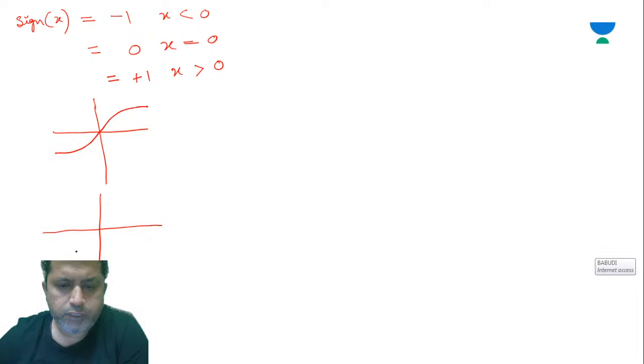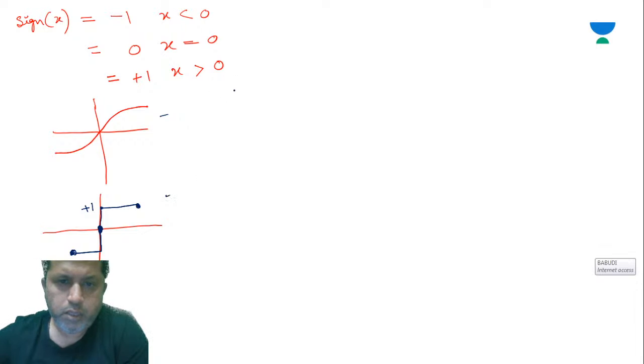This function is like this: minus 1, 0, plus 1, like this or like this.